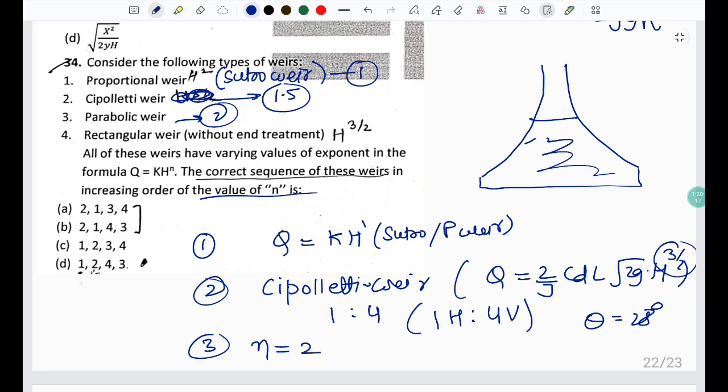Of course the smallest is 1, followed by Cipolleti, which has 1.5, and then we have a rectangular also, which is 1.5, that is 1, 2, 4, and the highest power is 2 with the parabolic weir. So therefore the correct order is 1, 2, 4, 3.